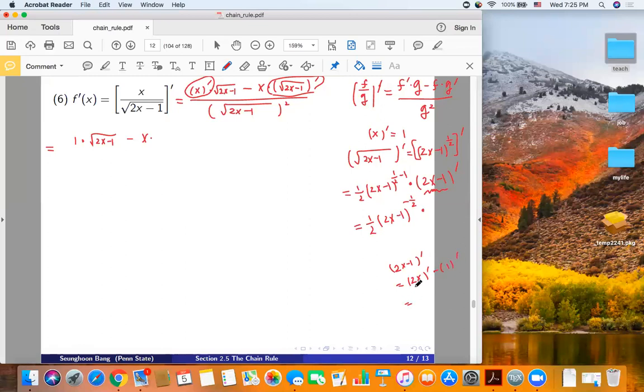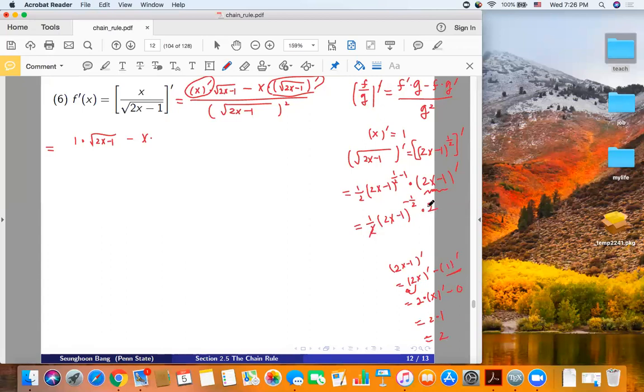You can take out the coefficient, only 2 times x prime, minus 1 prime is 0. X prime is 1. Exactly, only 2. The 2x minus 1 prime is 2. So we have 2 here.